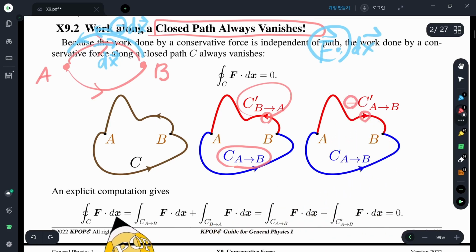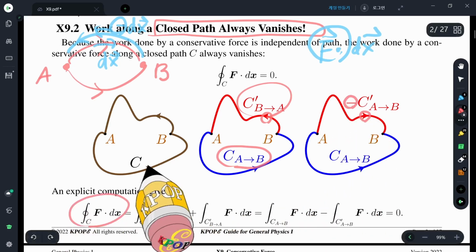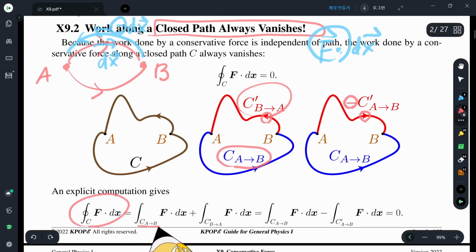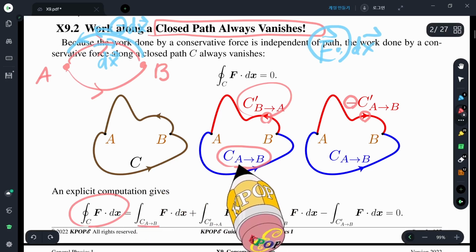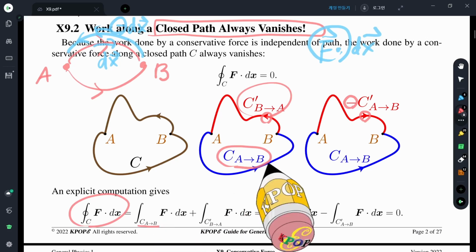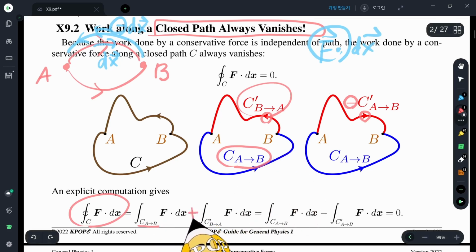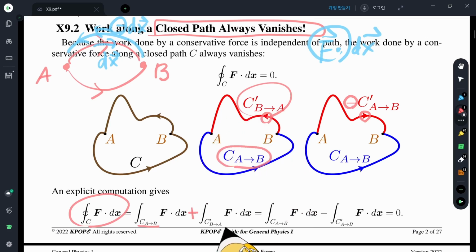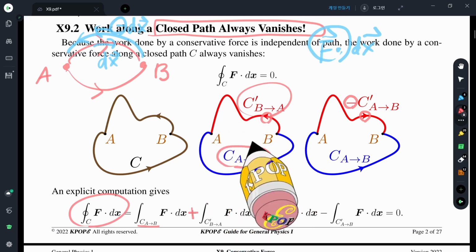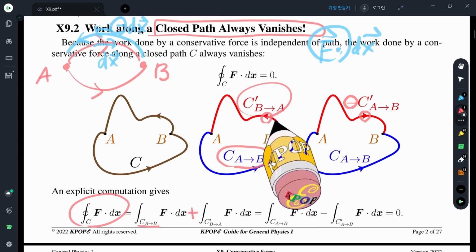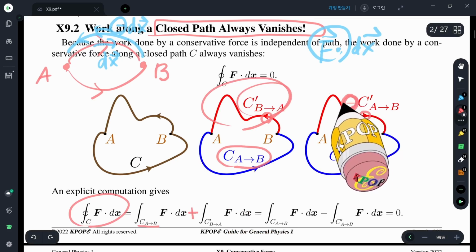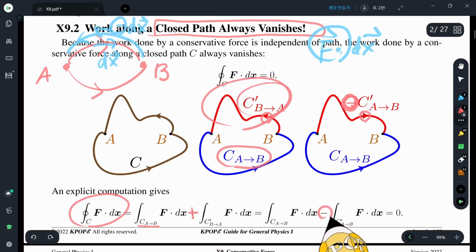So the work done by the force along the closed path C can be expressed as the sum of the work along the path C from A to B plus B to A. But if I flip the direction of the above path, it acquires a negative sign.